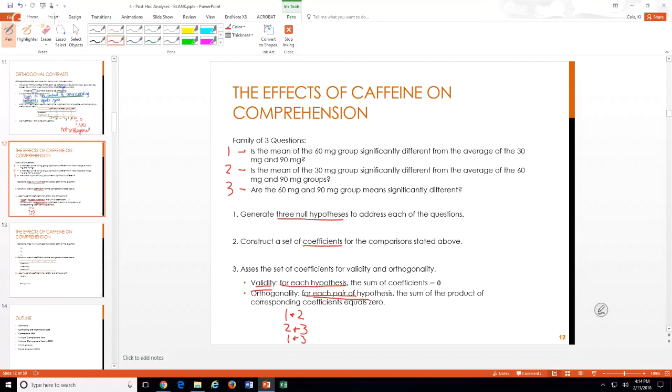Are you sure about these numbers? Oh, no, I like to write it down so I understand it. There is -1.